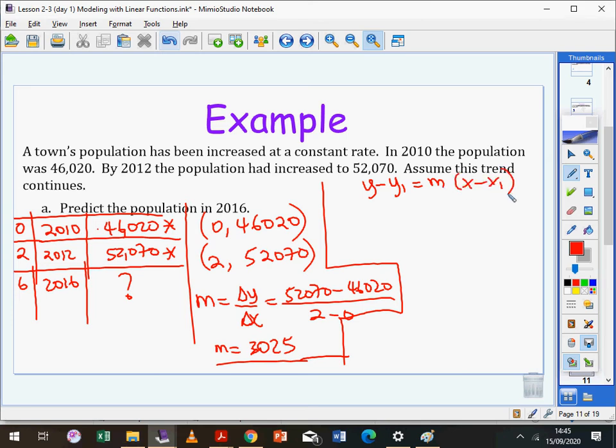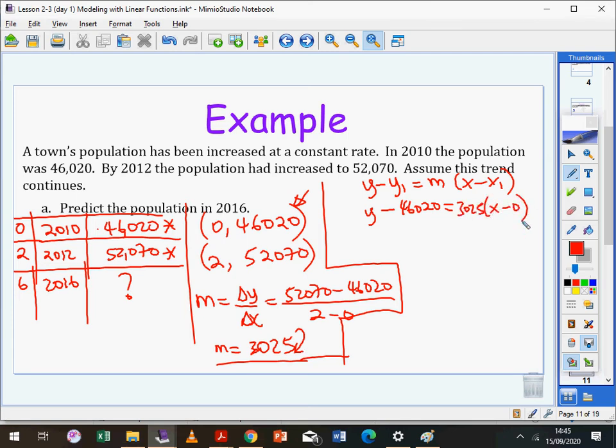So y minus y1, I'm going to use this point, 46020, equals m into x minus initial x, which is 0. I have a slope value, this one right here, 3025, into x minus 0.